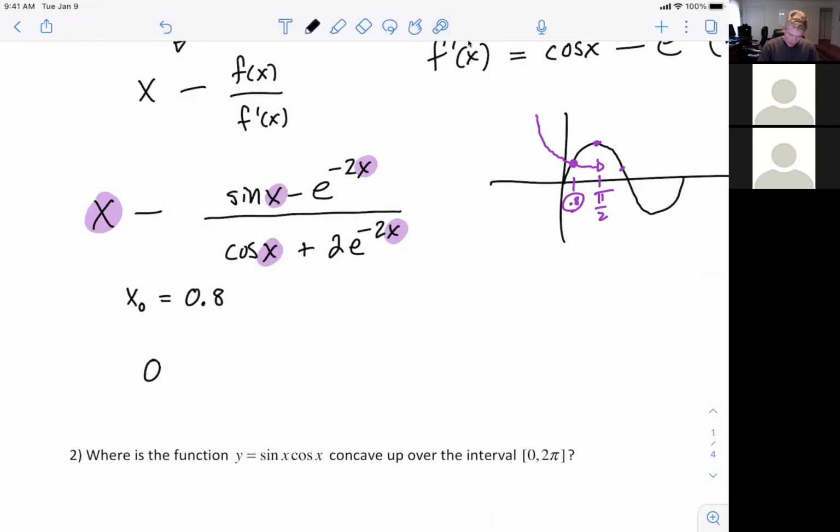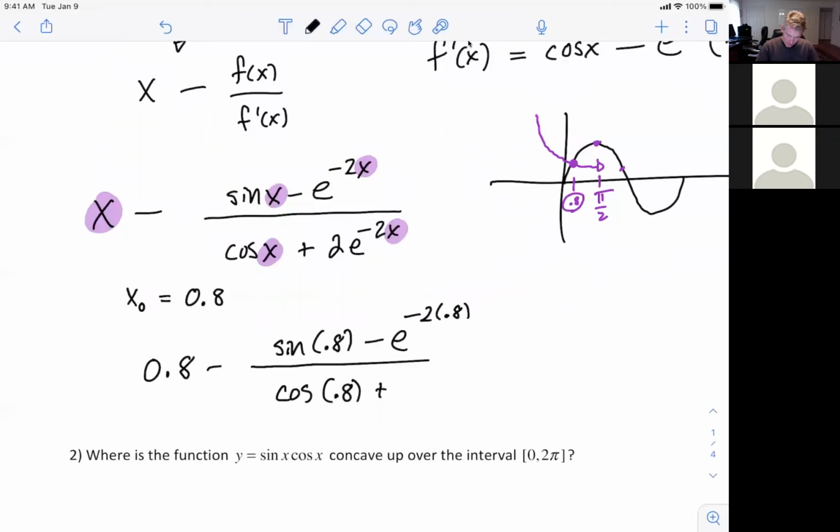So that's going to be 0.8 minus, and then sine of 0.8 minus e to the negative 2 times 0.8, and then cosine of 0.8 plus 2e to the negative 2 times 0.8.